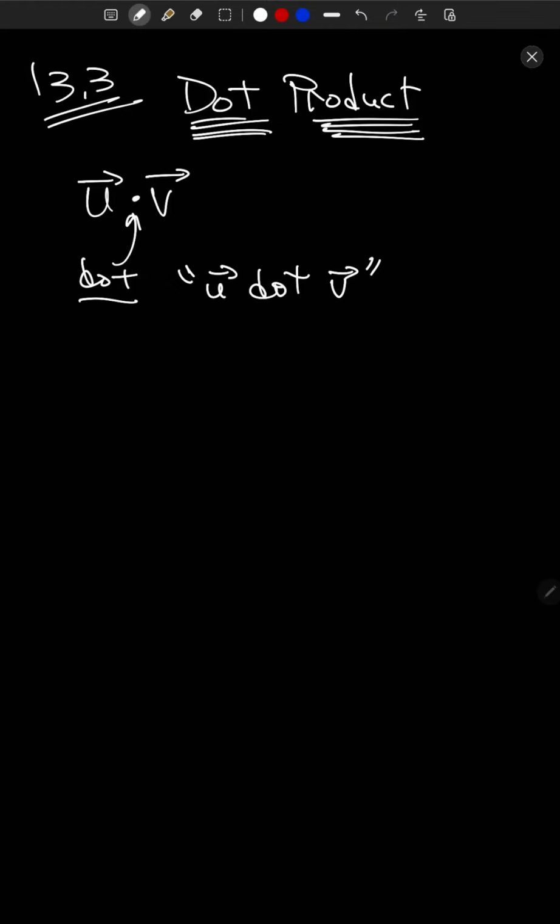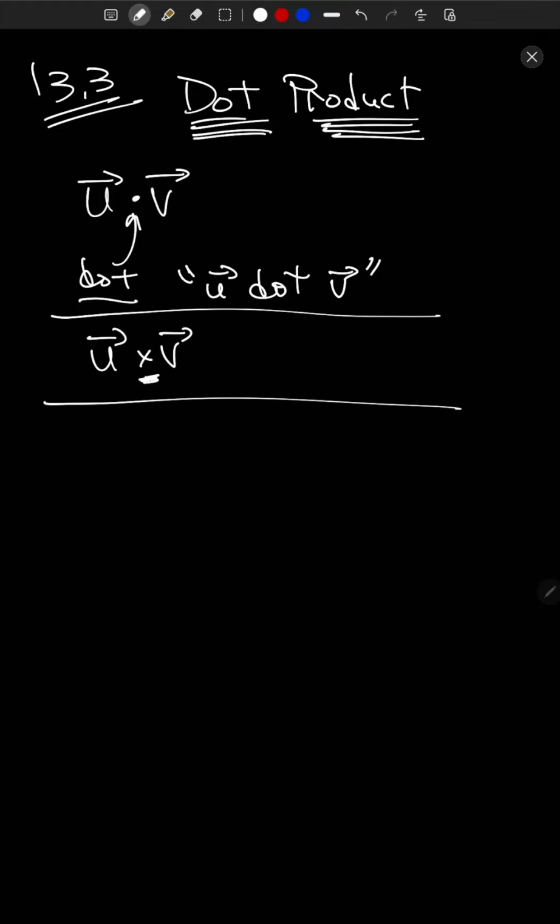Because the next section, 13.4, will be a different kind of product called the cross product. It's going to look like this, and that's going to be an x kind of. And so you never ever want to confuse the two because they're very, very different operations.